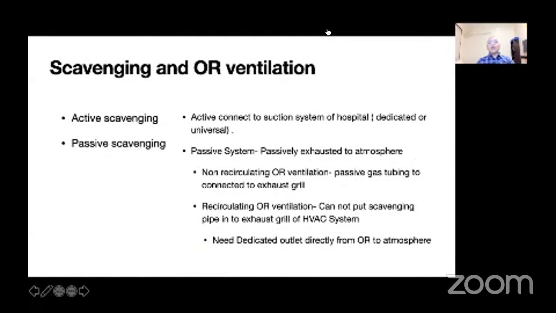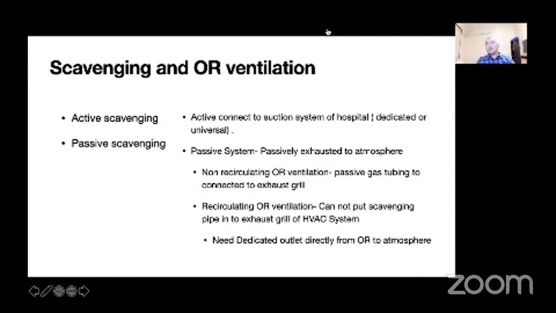There are two types of waste gas disposal system. One is called active scavenging, the second is called passive scavenging. Active scavenging means you can connect the scavenging tube to the suction system of the hospital. And if your anesthesia machine provides active scavenging, it is good.